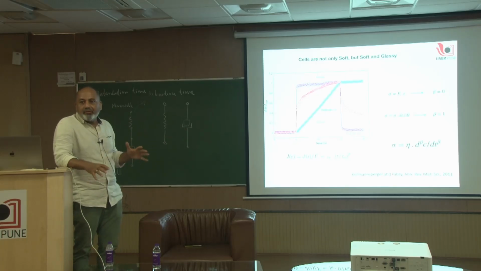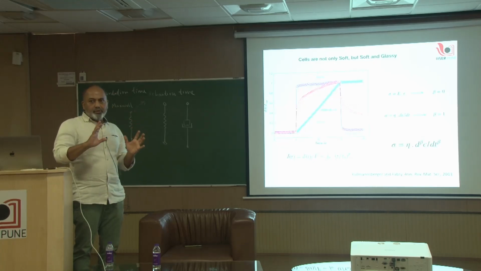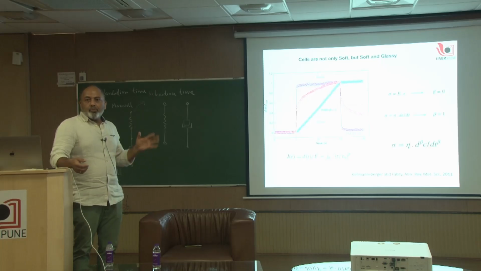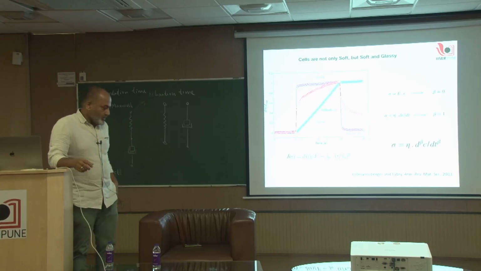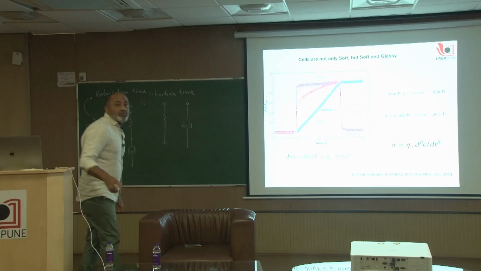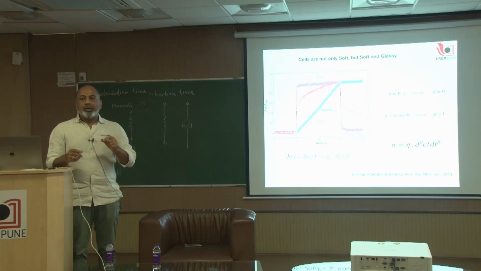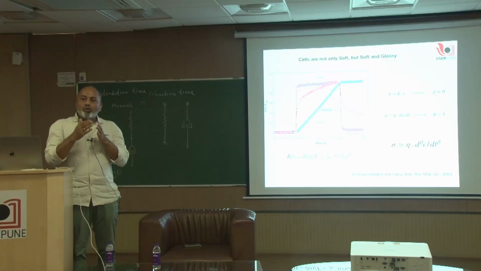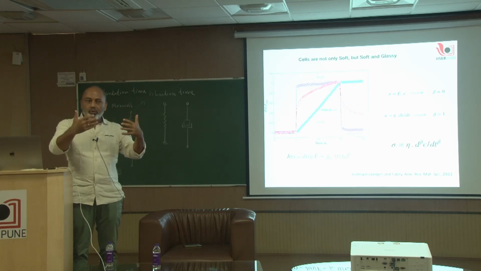Power law in physics is a scale free behavior. If I take any equation that has a power law, y as a function of x raised to 2 or x raised to 3 or whatever, and you try to plot it, whatever part you zoom into, it will look exactly similar. So in a way it's also self similar. If I take x square and zoom into a little part of it, whether I am looking at the scale of 1 to 10 on the x axis or 0.1 to 1, and you plot them, it will look exactly similar.